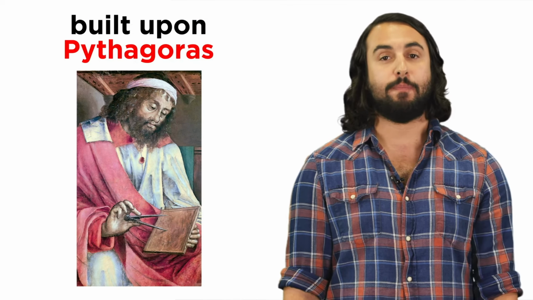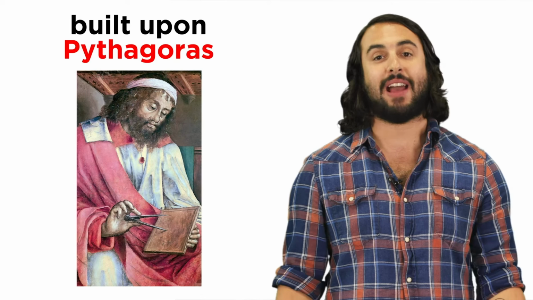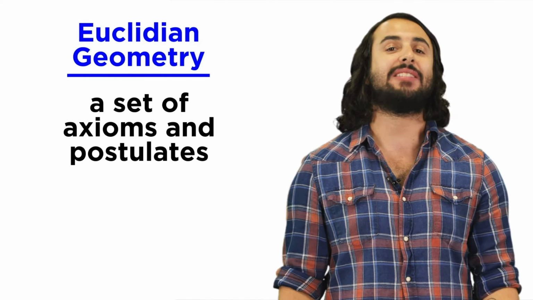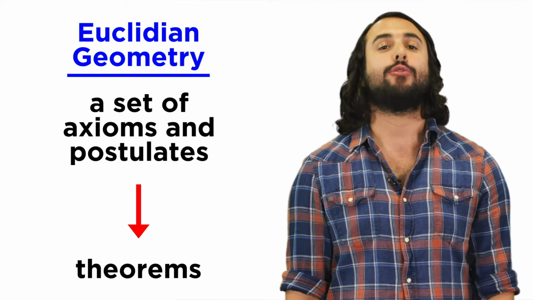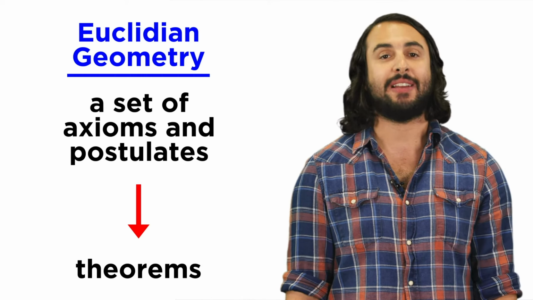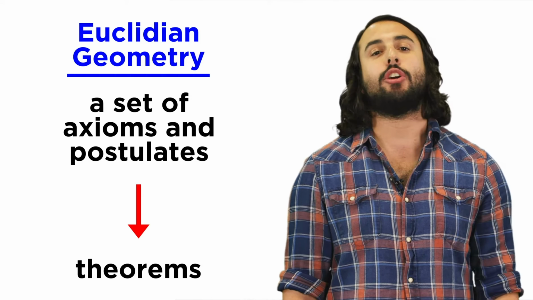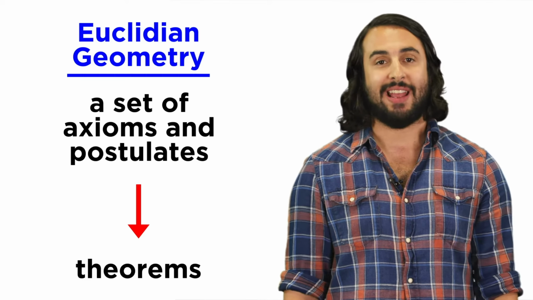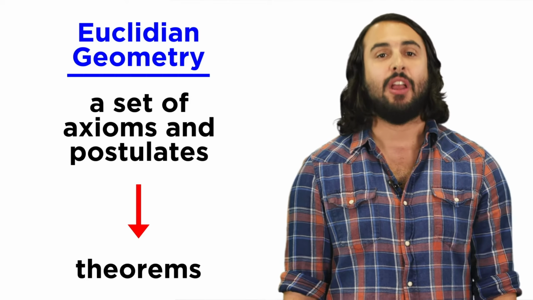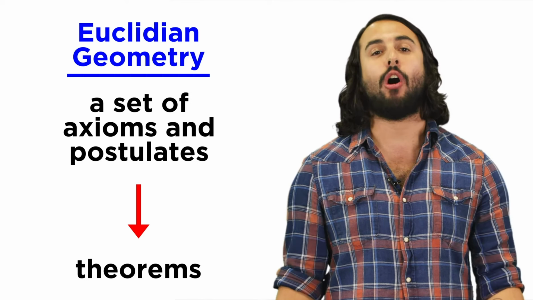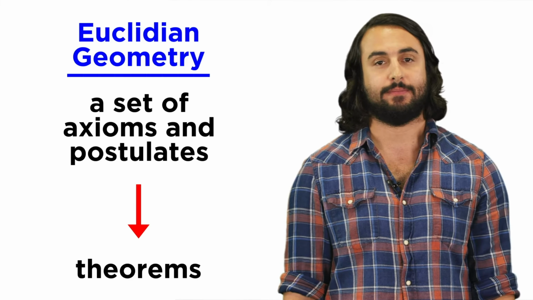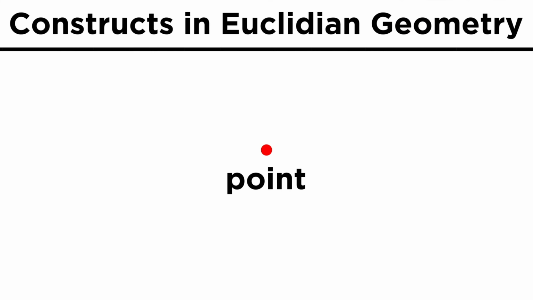His work, which built upon the work of earlier mathematicians like Pythagoras, describes a set of axioms and postulates from which a variety of theorems can be derived. Let's learn about the physical constructs that these axioms describe, so that we can learn about all the math we can do with them. First, we look at a point.